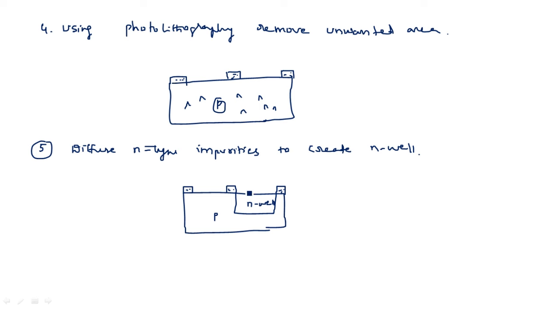Okay. Now again deposit thin oxide. Using oxidation, create 0.1 micrometer SiO2 on the surface.